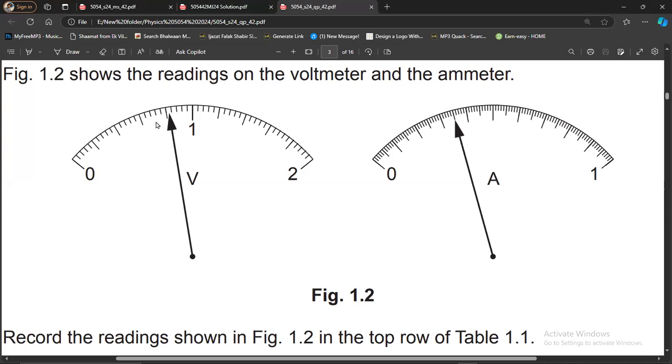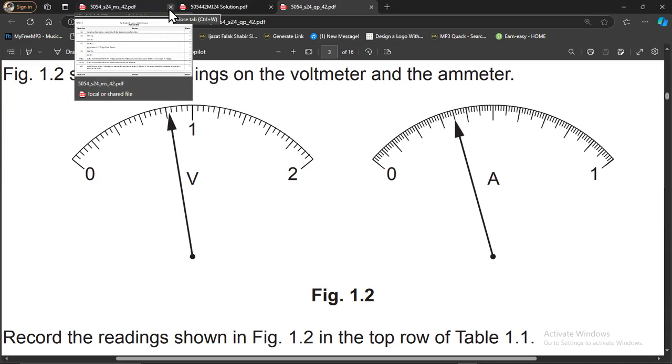So basically this is 0.82. You see the five portions, 1, 2, 3, 4, are representing 0.2.